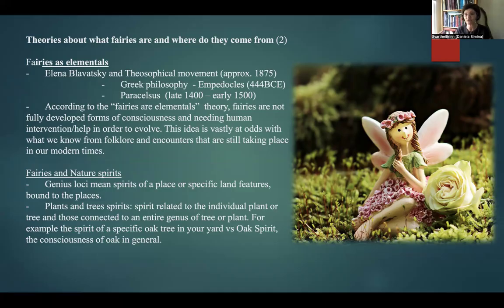And I will start by describing the picture. So this is something made of plaster. It's a little statuette, a little figurine of a fairy. She's tiny, she's cute, she sits in the grass.